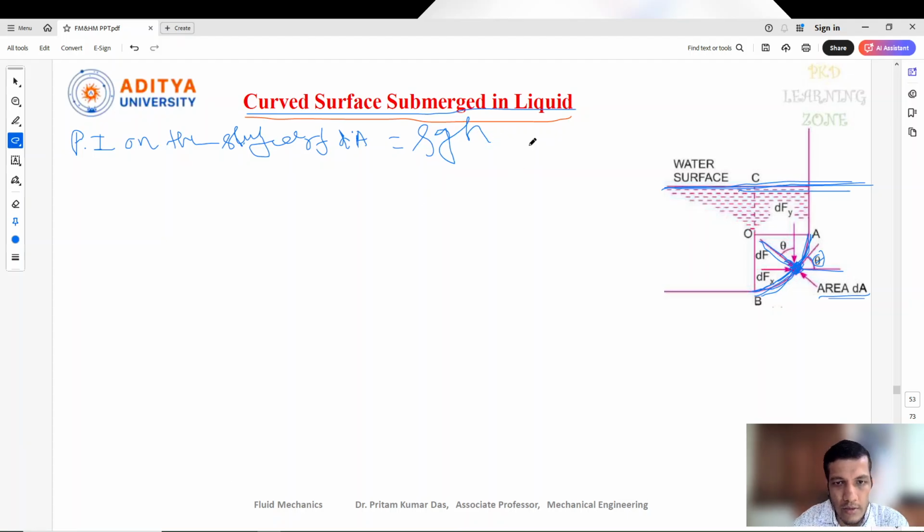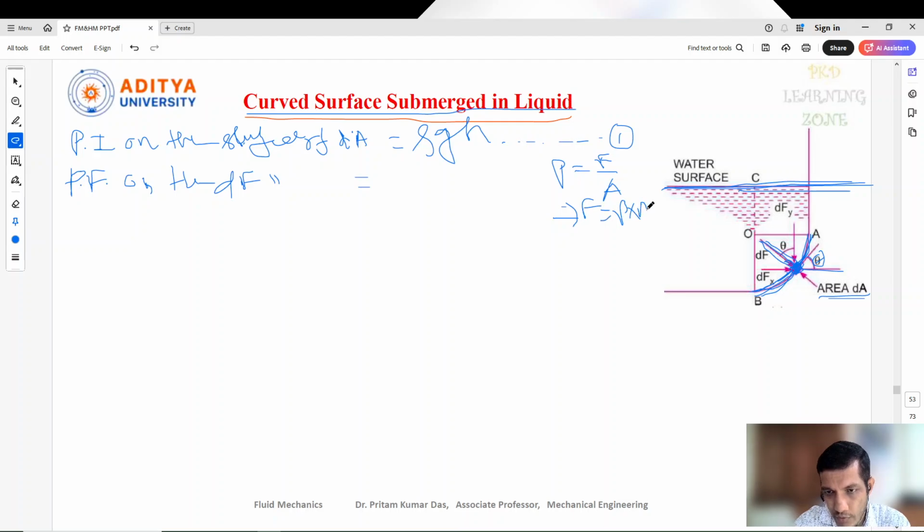This is the pressure formula we know from before. Now the pressure force dF acts perpendicular to this object. We know that pressure equals force by area, and the pressure force F equals P into A.